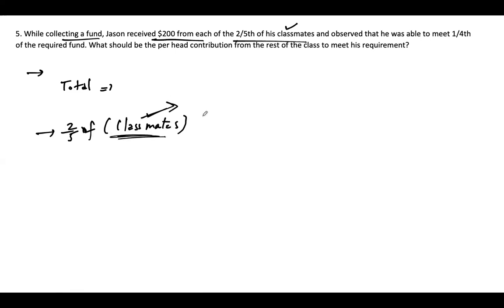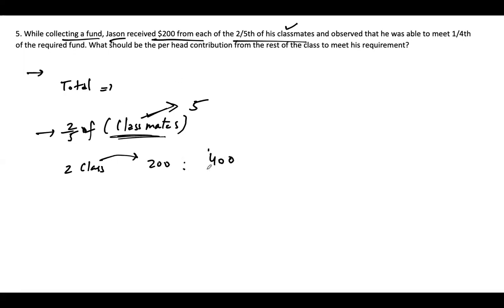What can be the simplest value? 5. If it is 5, then 2/5 of 5 would mean 2. So 2 of the classmates paid 200 each. So how much amount did Jason receive?